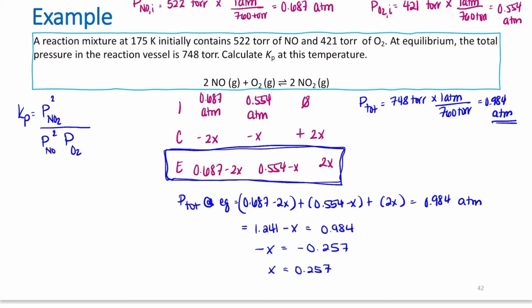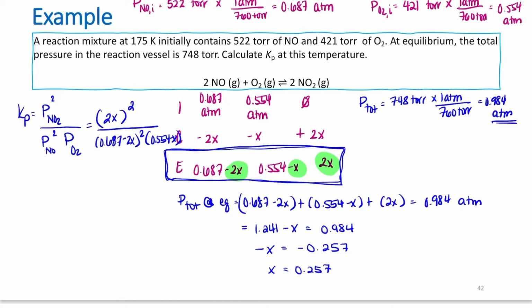Now I can go ahead and plug that in here, and then into my Kp expression. So this was equal to the partial pressure of NO2 at equilibrium, which is 2x squared, divided by the partial pressure of NO2 squared, 0.687 minus 2x, quantity squared, times 0.554 minus x.